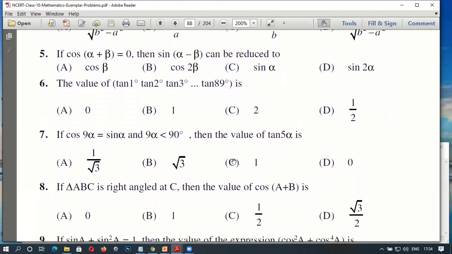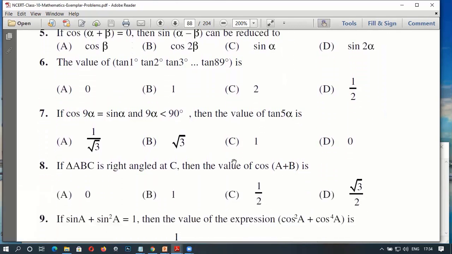So, what about question number 6? We'll learn tomorrow what the complements are. Like, what is tan 1? You can write it in cot also. You know, tan of 90 minus theta is what?